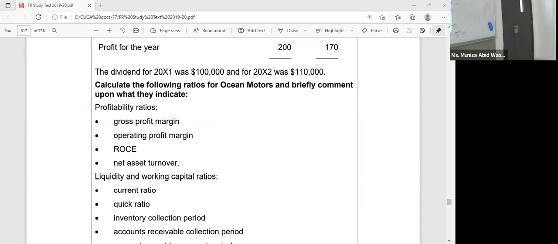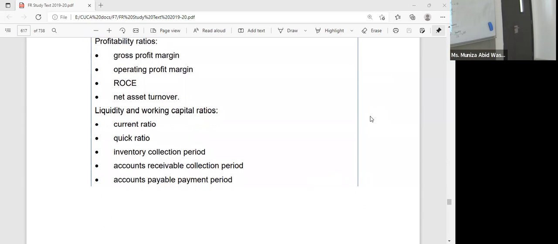What is the formula of the payables payment period? Accounts payable payment period: trade payables divided by credit purchases multiplied by 365. Now students, start calculating the ratios.